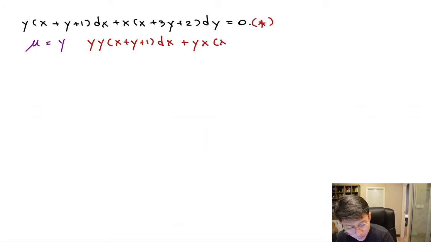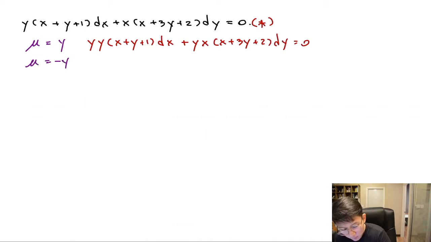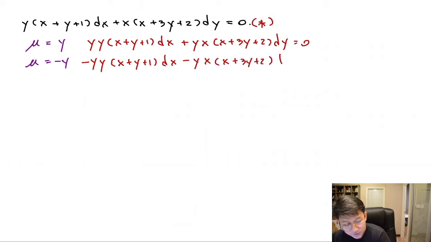If mu is minus y, we have minus y(x + y + 1) dx minus xy(x + 3y + 2) dy equals 0.